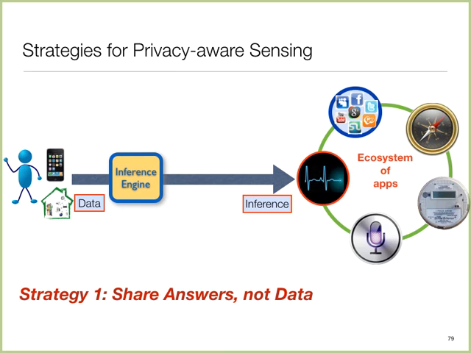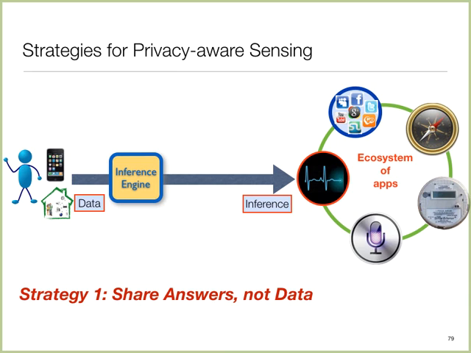I borrowed this term from a professor at MIT, who put it as share answers, don't share the data, or in more security terms, it's often called the principle of least privilege. That is, the app needs to know how many steps I took. Don't give the app the accelerometer data.